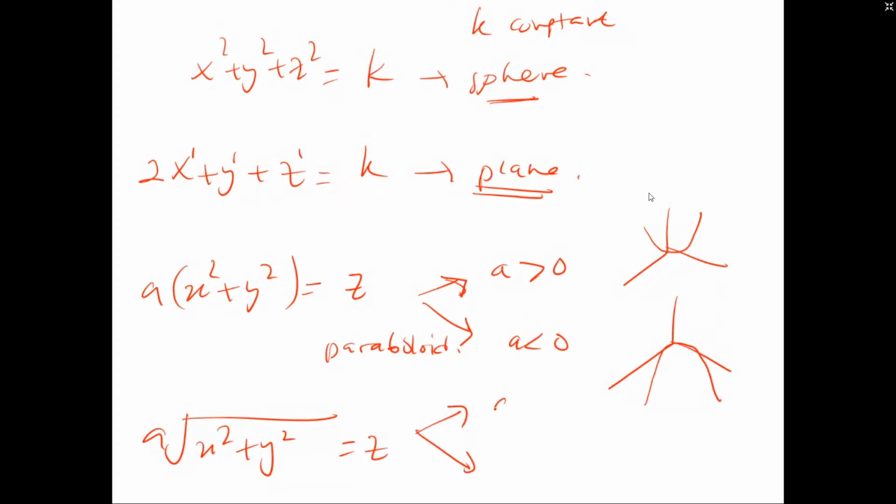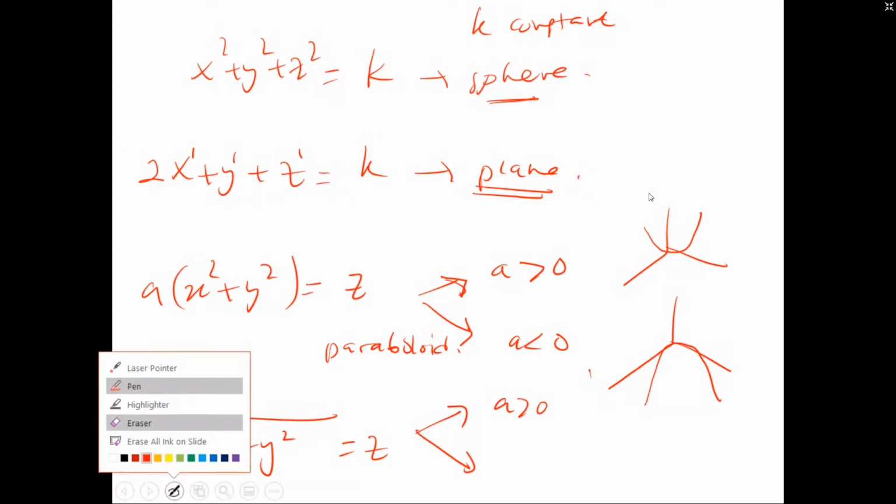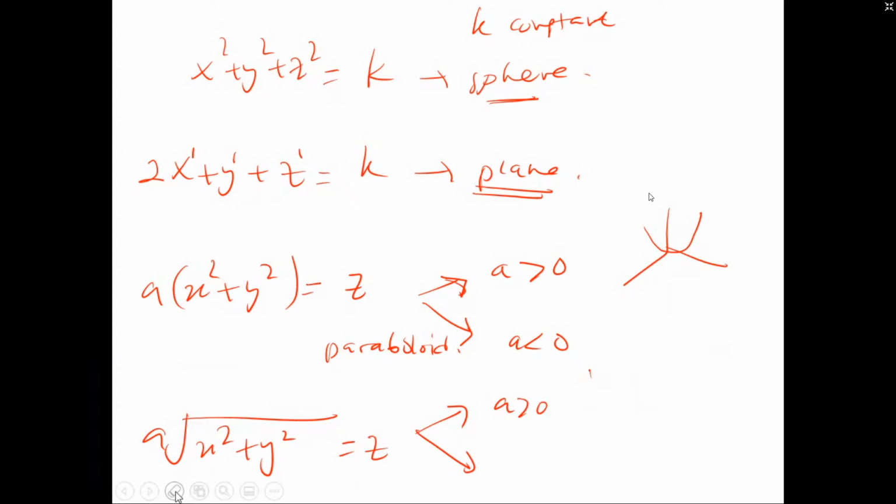Okay, same here. If a is greater than 0, you have a cone. Okay, we have a cone here. Okay, this one is a paraboloid that is concave downward. But if you have a square root, a also decides whether it goes positive or negative. Here you have a cone that goes to positive z. If a is less than 0, you have a cone that goes to negative z. Cone here if square root. If no square root, you get the paraboloid here. Okay, here should be z.